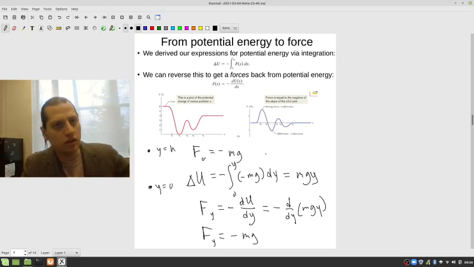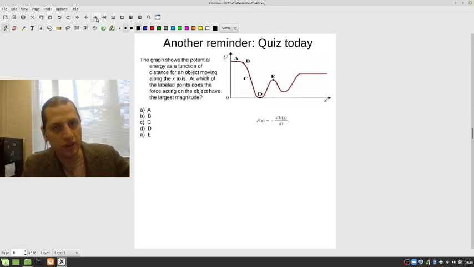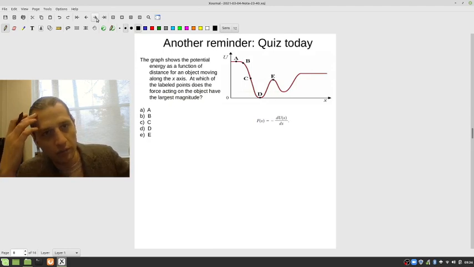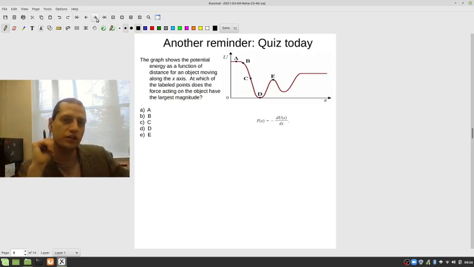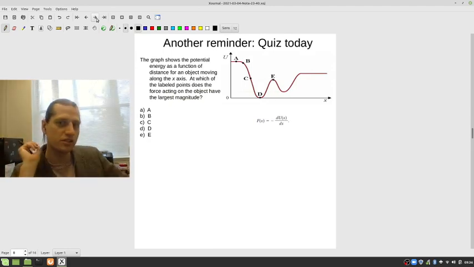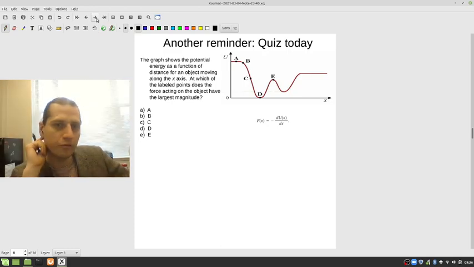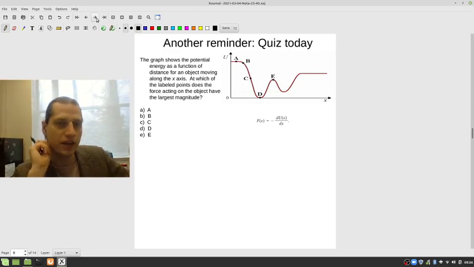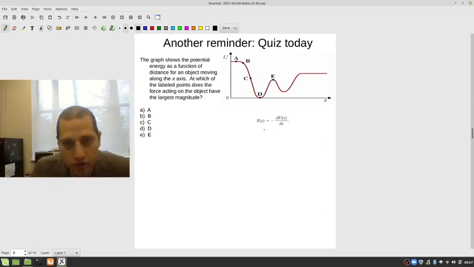Okay, so let's just do a quick example with this. The graph shows the potential energy as a function of distance. This is just working again with the problem that we saw earlier. For an object moving along the x-axis, at which of the labeled points does the force acting on the object have the largest magnitude? Okay, so force is the change in the potential over the change in x.